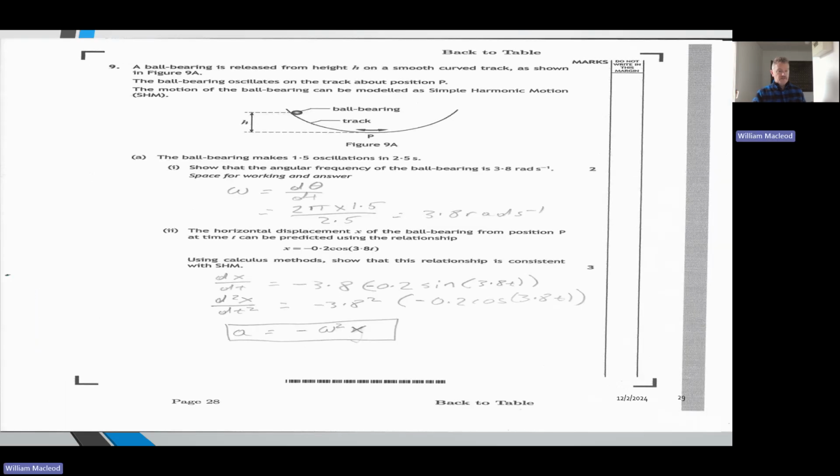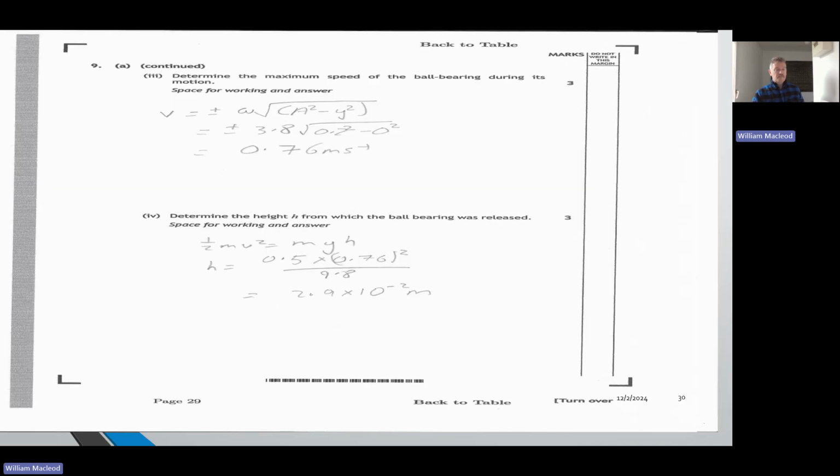The equation is x equals 0.2 cos 3.8 t. So that means the amplitude would be 0.2, and for the maximum velocity, the displacement is 0, so the y would be 0. So you plug in all those numbers and you end up getting 0.76 meters per second.